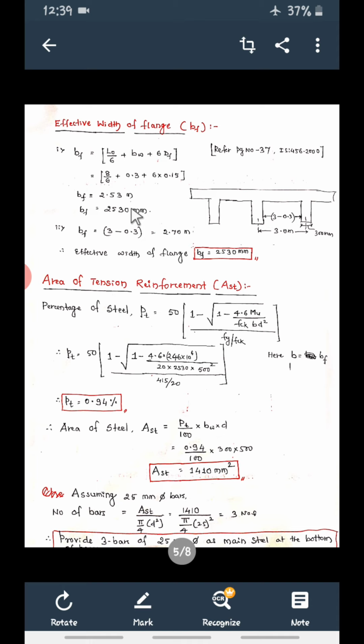Out of these, whatever is the least value will be the final bf value. In this case this one is less.